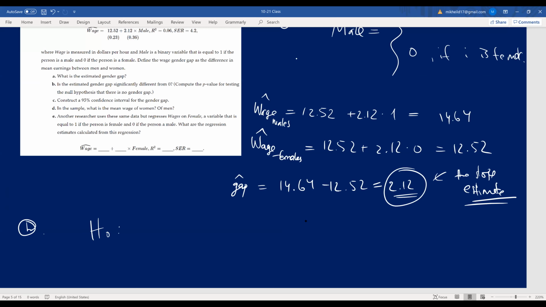Would it be that the gender gap is equal to 0? No, the hypothesis will be that beta 1 is equal to 0, and then the alternative will be that beta 1 is not 0. Why beta 1? Because beta 1 measures what?